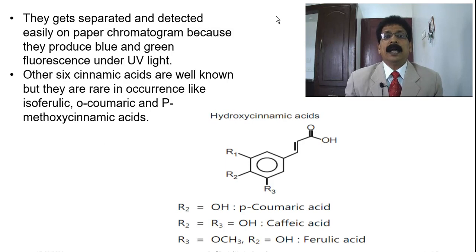Then they get separated and detected easily on paper chromatography because they produce blue and green fluorescence under UV light. Paper chromatography is an important chapter for you to study now in pharmacognosy and chemistry.